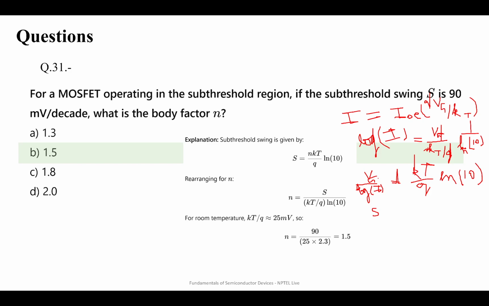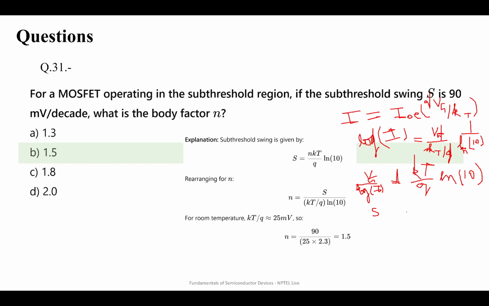So when will log I be 1? In what case is my log I 1? 10. Yes. So the ideal subthreshold swing will be 10, sir? No, the ideal subthreshold swing is not 10.